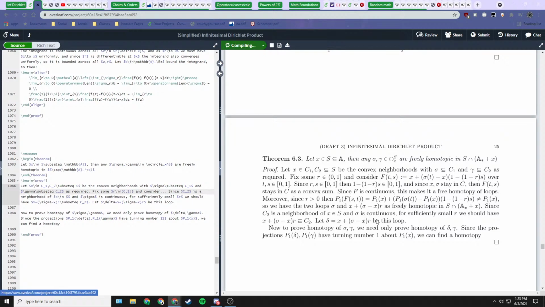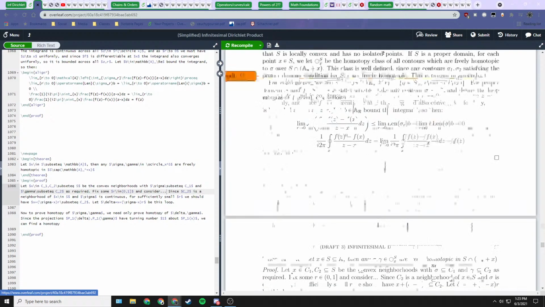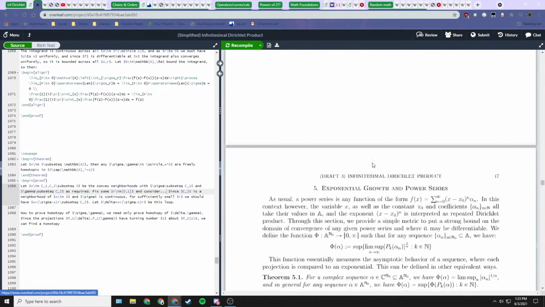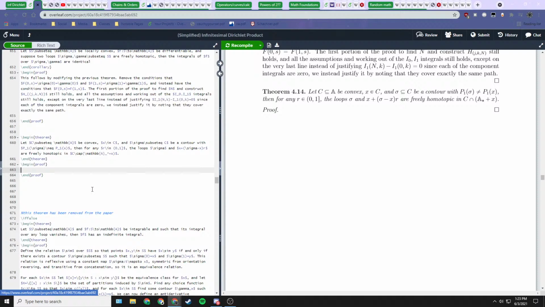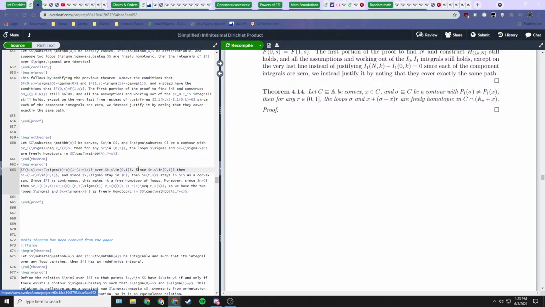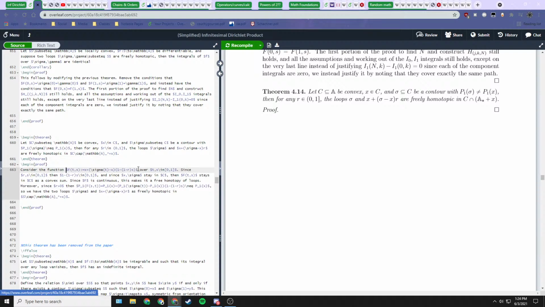So I'll put this up in the integral section. That would be right up here. Okay, so we can say f t.